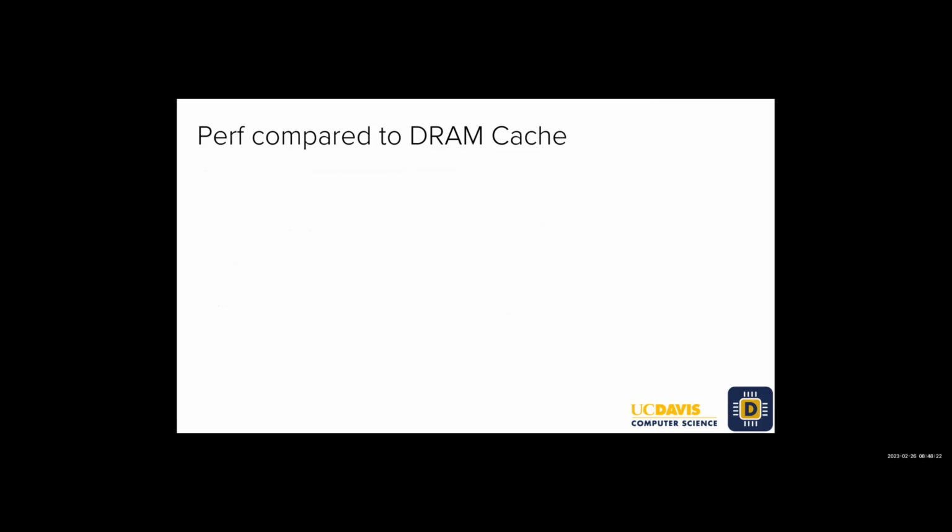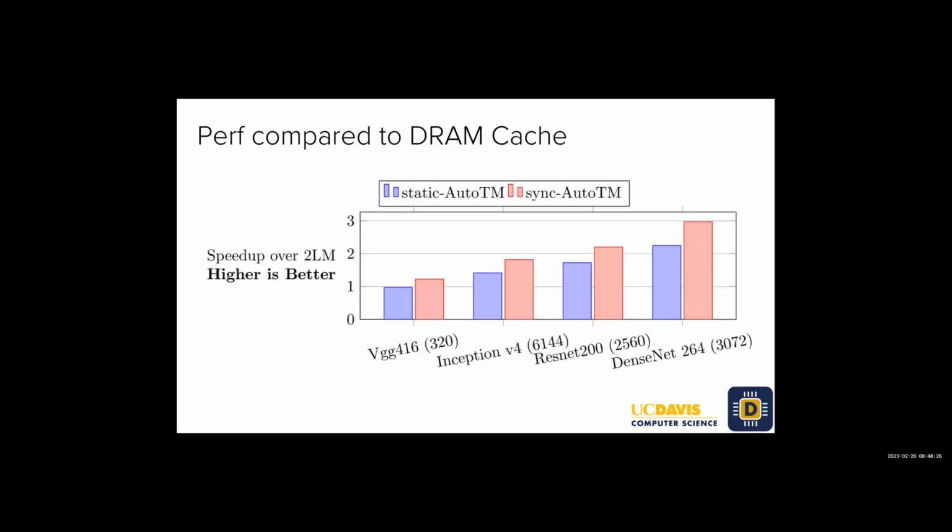Okay, so let me show you real quick how AutoTM does compared to a DRAM cache. This is speedup compared to using the DRAM cache for training, so 1 is the performance of a DRAM cache. Static AutoTM and synchronous AutoTM are using software to do movement between DRAM and 3D XPoint.